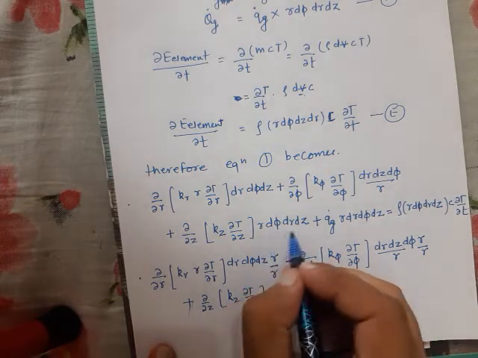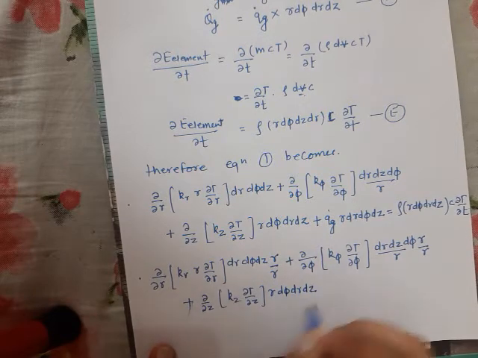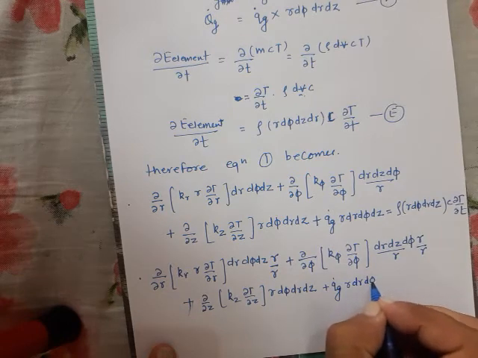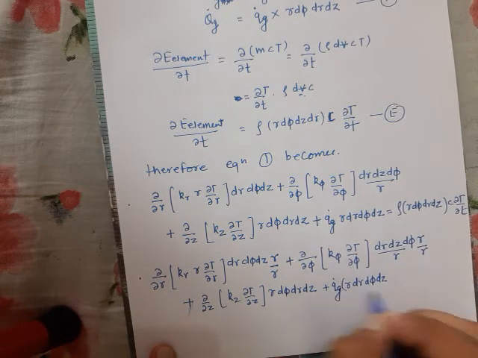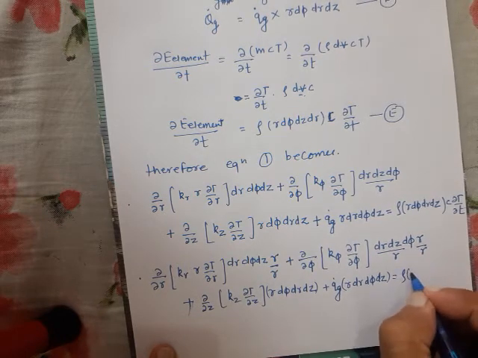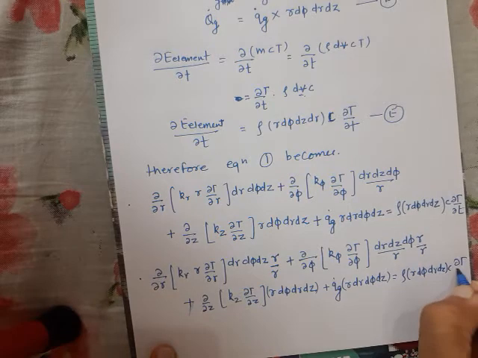This term is already volume, R d phi dr dz, nothing to do. Plus q dot g R dr d phi dz, this is already volume, equals rho R d phi dr dz C del T by del T.